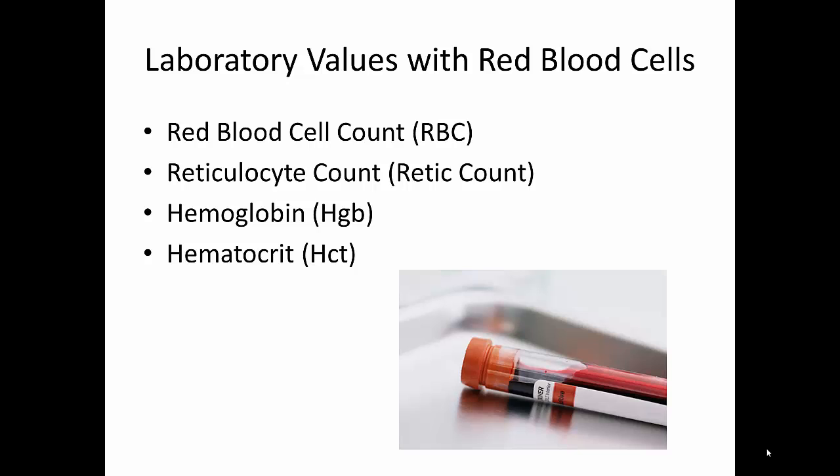It also can indicate problems, so that if we have too high of a reticulocyte count in the absence of hypoxia or decreased numbers of red blood cells, then, of course, that can indicate that we may have leukemia or something, and the bone marrow is not functioning, and it's sending out too many immature cells.